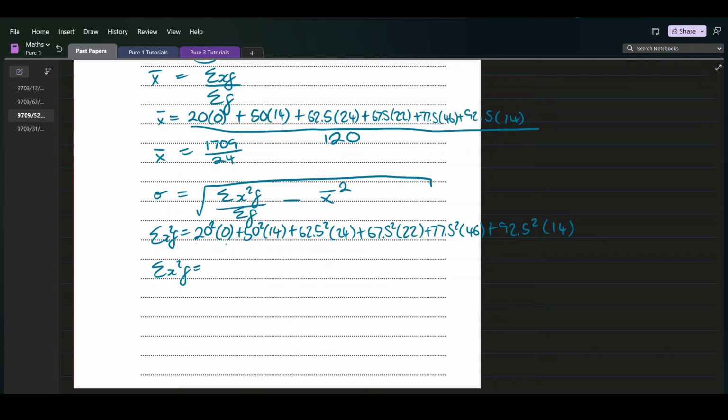Now let's punch that into the calculator.